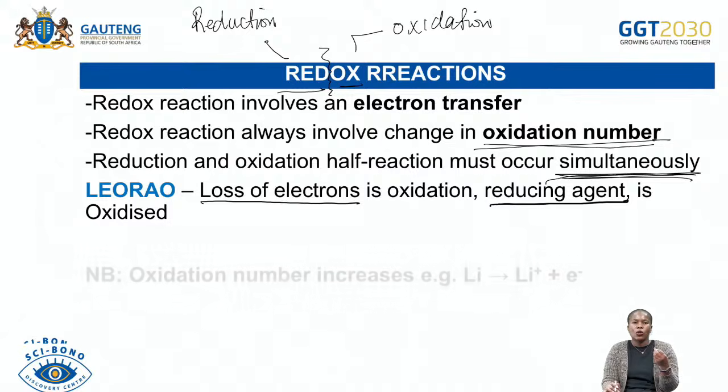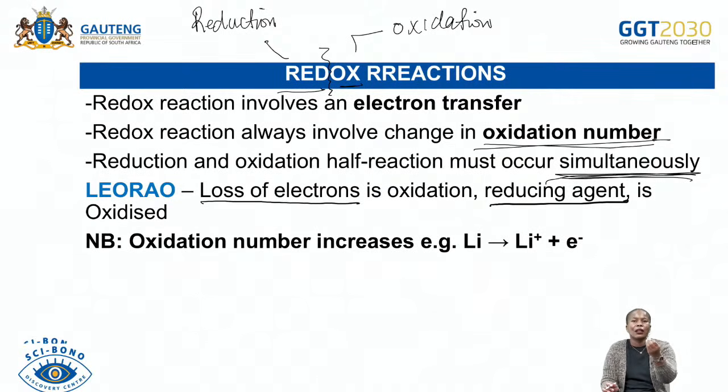Also, how can we tell when we're given a chemical equation that this substance has undergone oxidation? We look at the oxidation number to tell us if it has increased or decreased. What we should know when we're looking at oxidation is that the oxidation number will increase. So when we're looking at oxidation, there will be an increase of the oxidation number. Let's take a look at this example that is here.